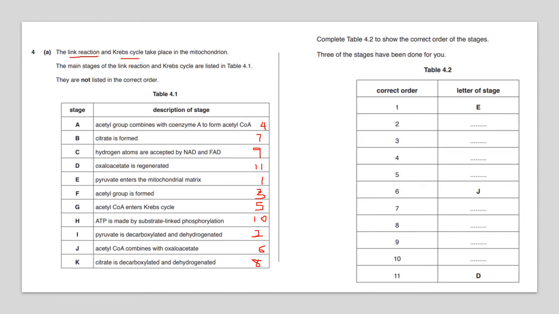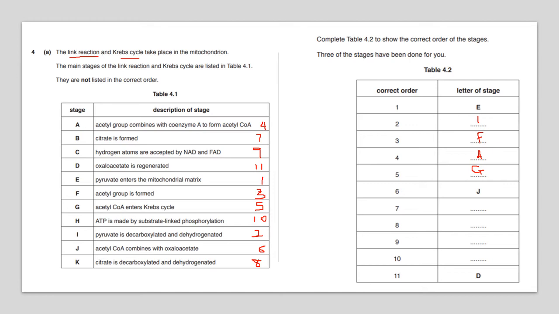So number 2 is I, and so we can just put I there. And number 3 is F. And of course, you can check if this is correct with the mark scheme. So if I'm wrong, by all means, please post it in the comments. I do not mind being corrected at all. And then A would be number 4 over there. And 5, I believe we said G comes after A, so that would be G. And we know that J is our number 6 over there.